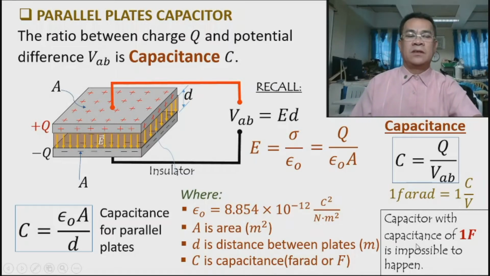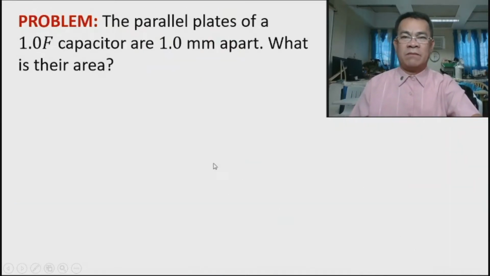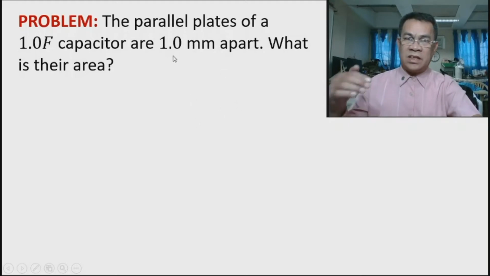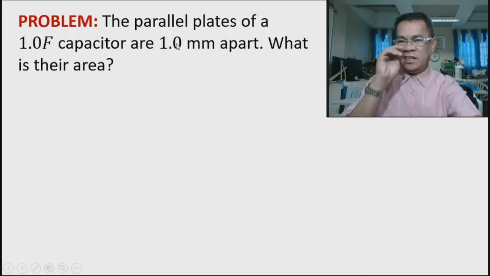Why? Look at this problem. Suppose we want to construct a parallel plate capacitor and we want to have 1 farad. Take note that the capacitance is inversely proportional to D, since C is equal to permittivity times A divided by D. So you have to reduce the distance between plates.